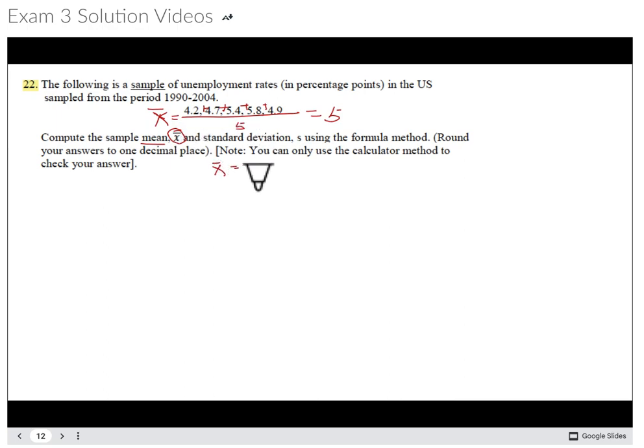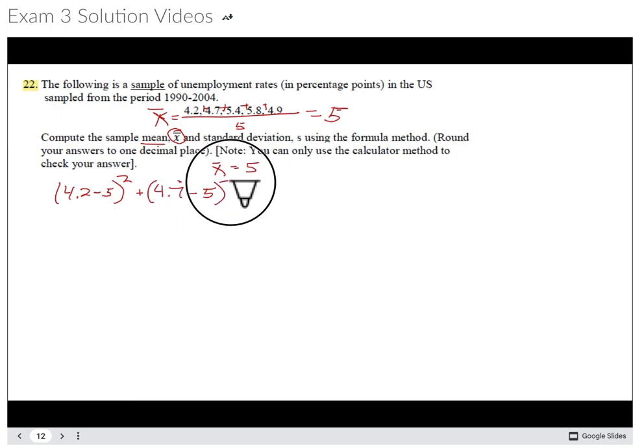So x bar equals 5. Now to get the standard deviation, we're going to take each of these x values and subtract the mean. 4.2 minus 5. Remember, we're going to square that. Then we're going to add together 4.7 minus 5.